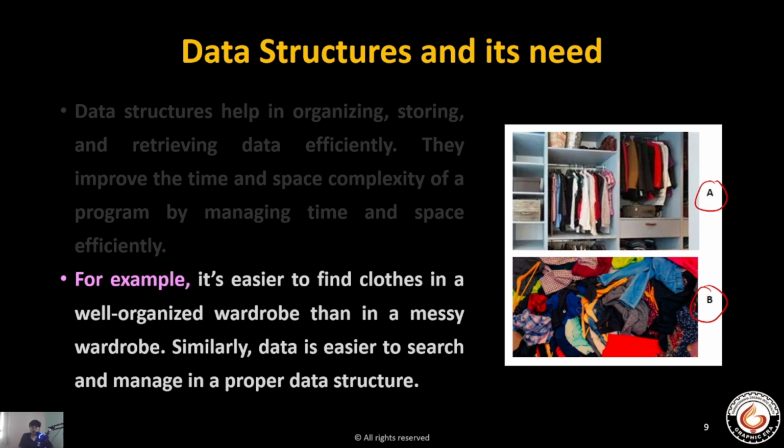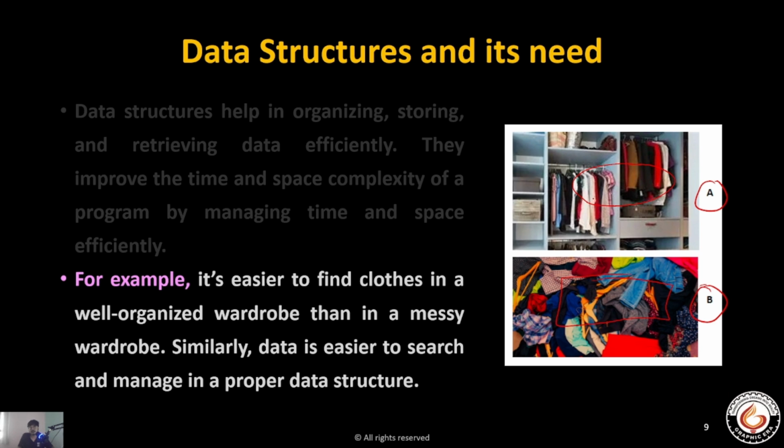In the same way, the clothes in picture B will take a lot of storage in our almirah or wardrobe, but in image A we can store a lot of clothes. So we can say that if we manage our clothes properly, it will be storage and time efficient.